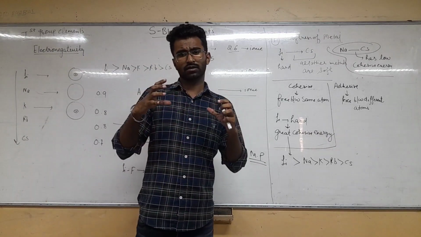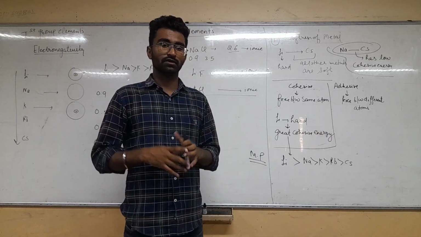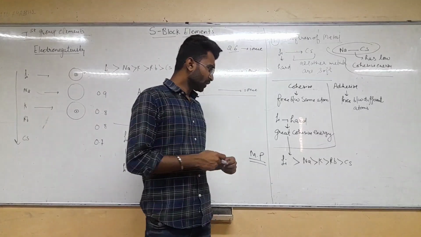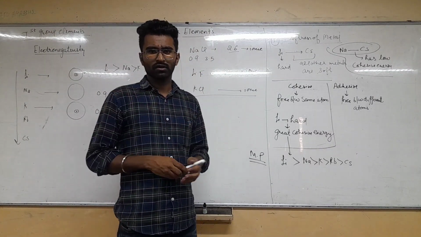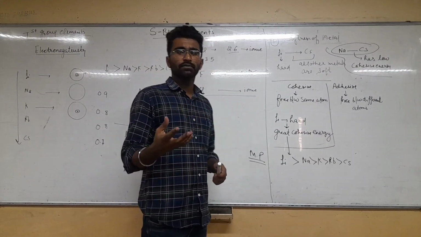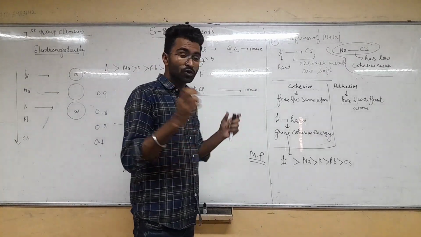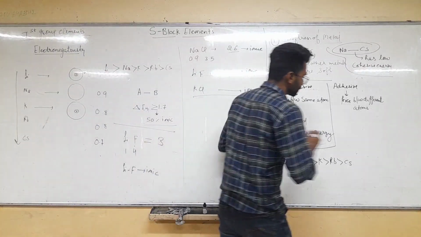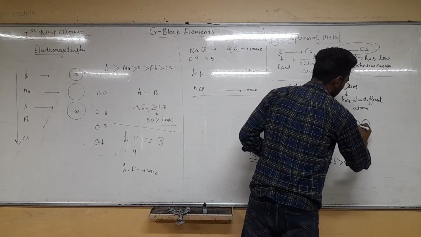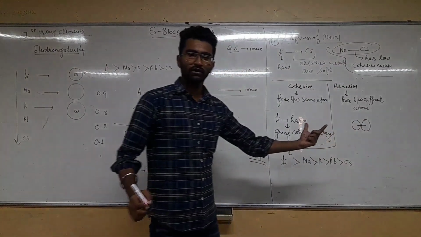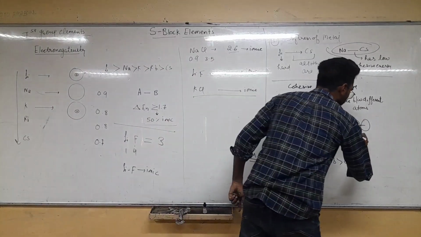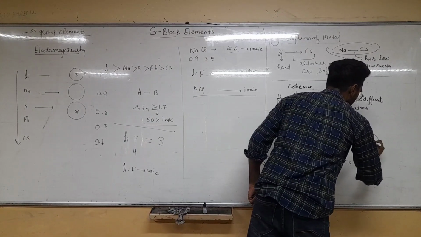If the size of the atom is larger, then the nuclei will lie comparatively far apart. If this is lithium and lithium, this is the distance between their nuclei. If I am talking about sodium and sodium, this is the distance.